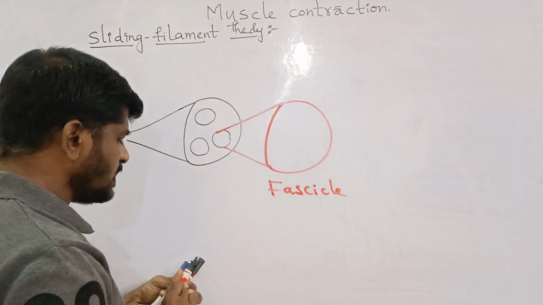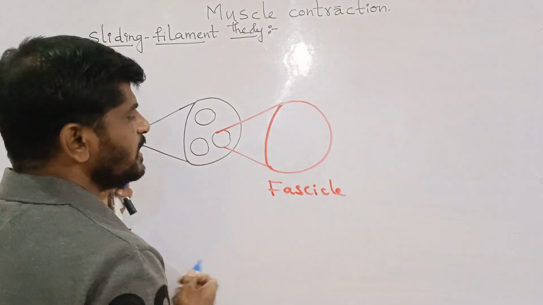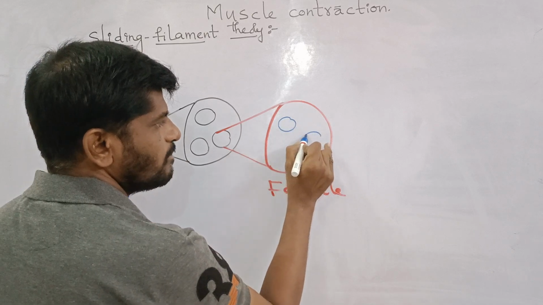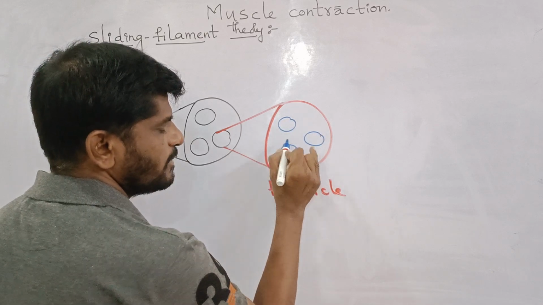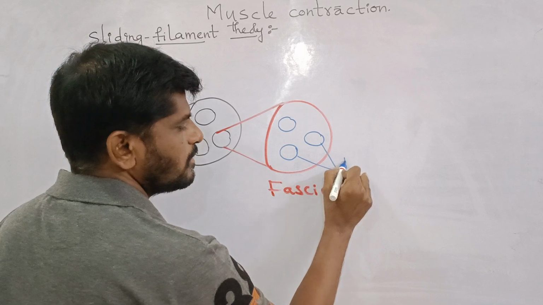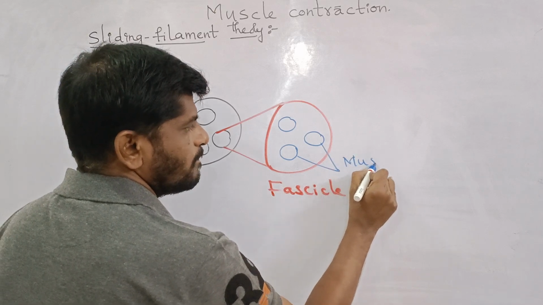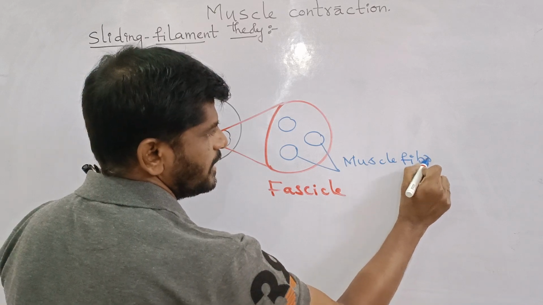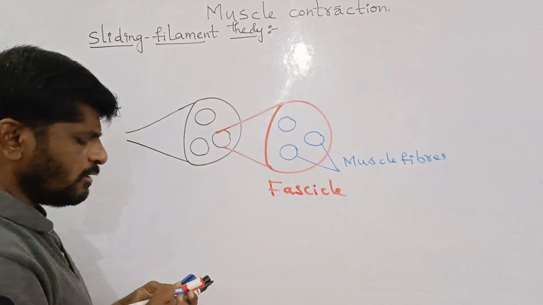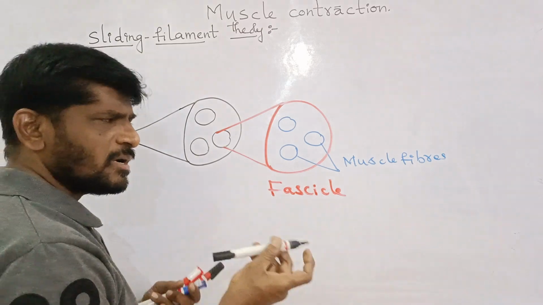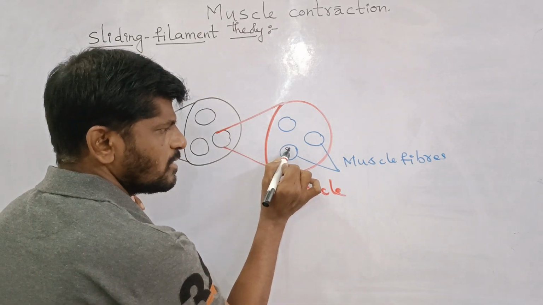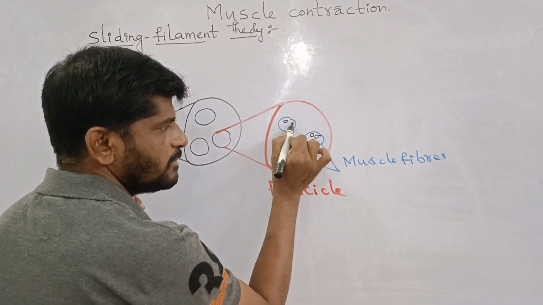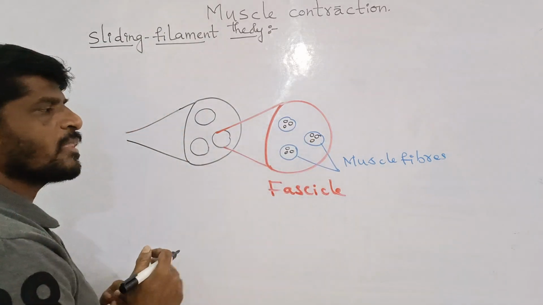One fascicle contains internally many muscle fibers. These are the muscle fibers. You know that each muscle fiber contains myofibrils. Fiber contains fibrils, and fibrils contain the filaments.